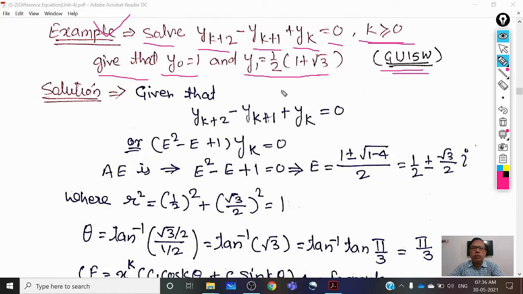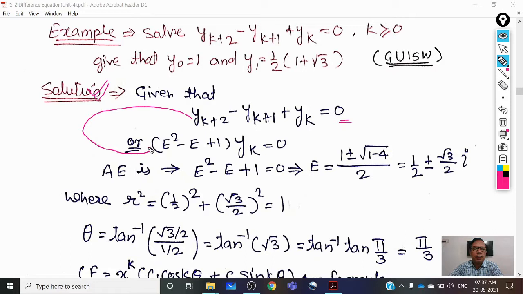So the solution is: given y(k+2) - y(k+1) + y(k) = 0, this equation can be written in terms of E, using the formula E^k y(n) = y(n+k).